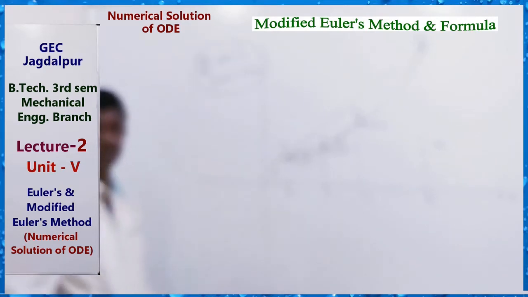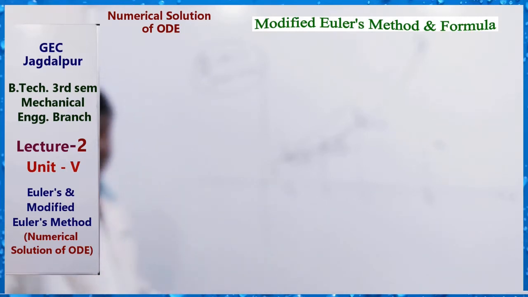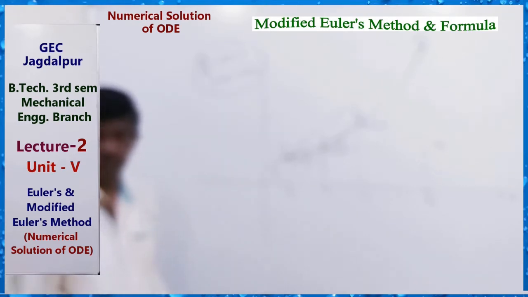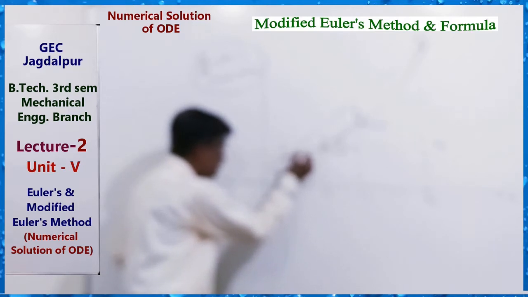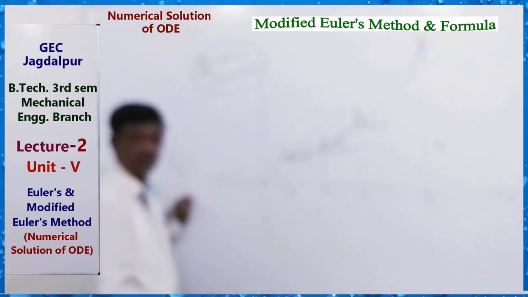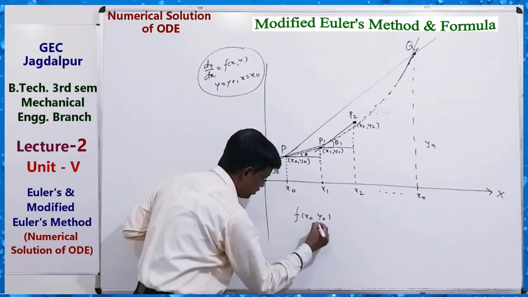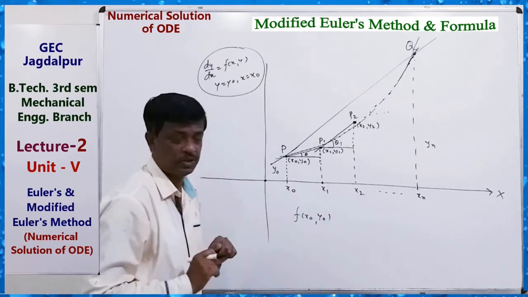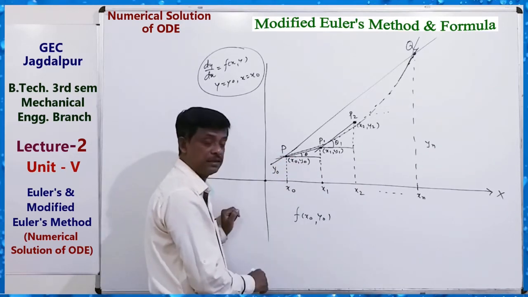This is the initial value problem, so the initial point lies on the solution curve. Now dy by dx equal to f(x, y) is the slope at this point. That means the slope of this tangent is f(x0, y0).